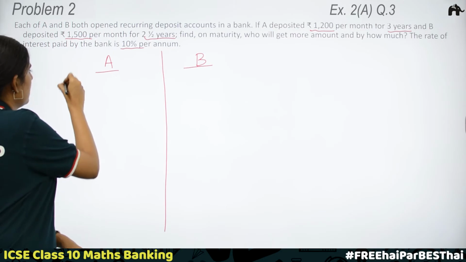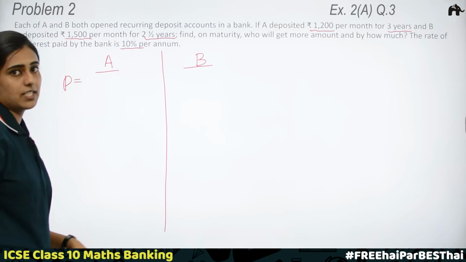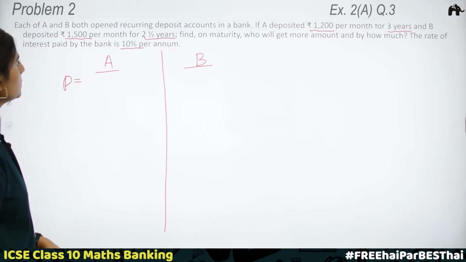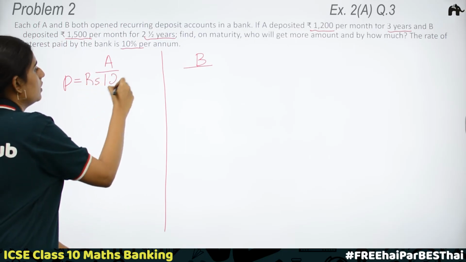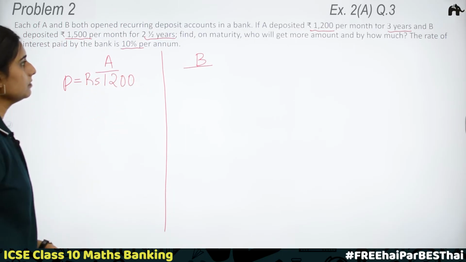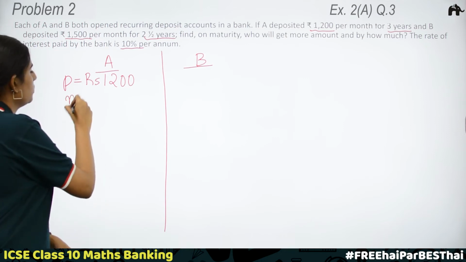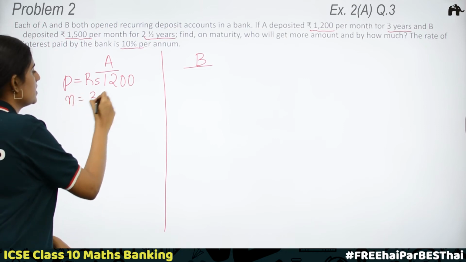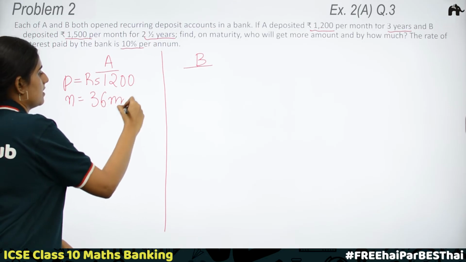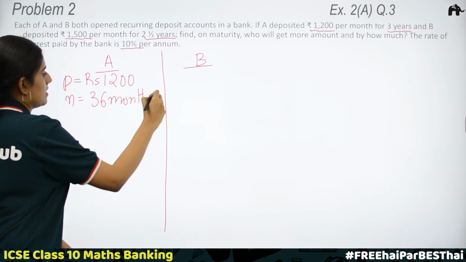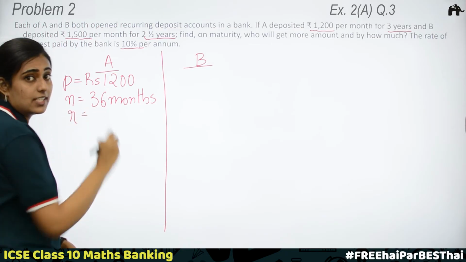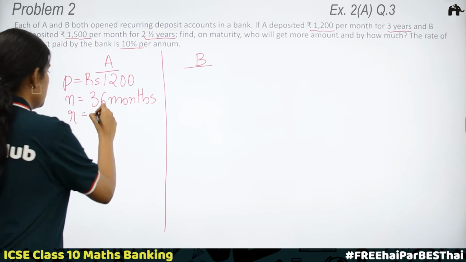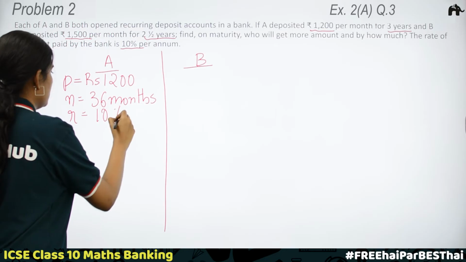In case of A, what is the monthly installment? P is equal to rupees 1,200. Then N is equal to 3 years, which is equal to 36 months. Rate of interest is given. What is the rate of interest here? Yes, 10%.